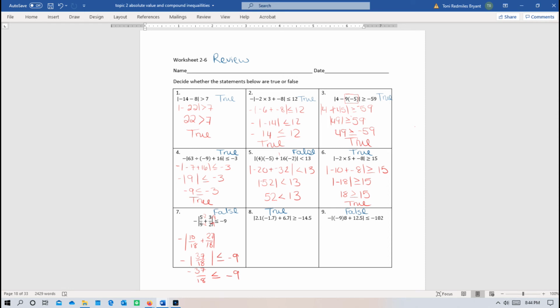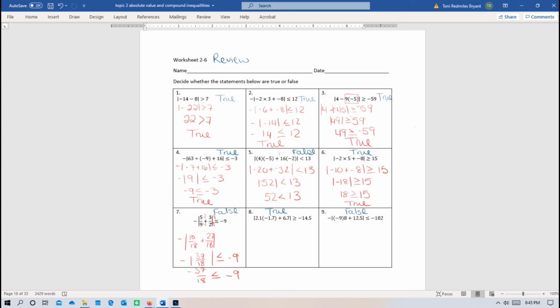I can estimate that 18 goes in the 37 about negative 2 point something, which is not less than a negative 9. A negative 9 means I owe more money. So this is actually a false statement. It would have to be over a negative 9 to be less than. Remember, as numbers get bigger on the negative side of the line, they're actually smaller.